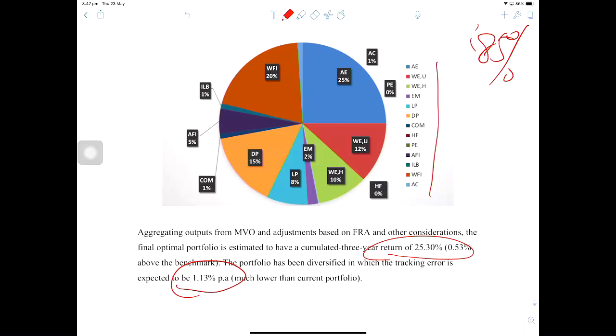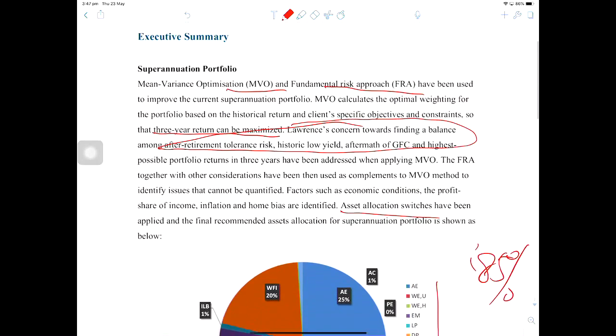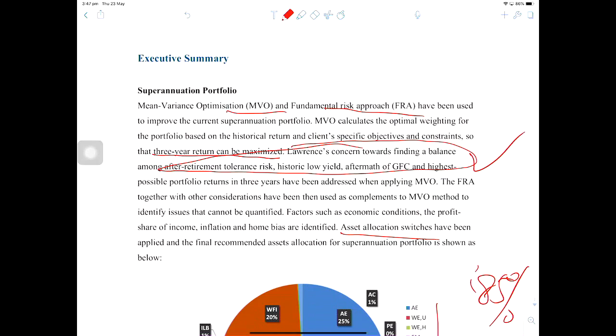And then at the end of the first page, the key constraints are discussed. With this recommended asset allocation, the key constraints and objectives can be satisfied and all of your concerns are addressed. So that's the strength of this assignment. They frame this summary of the recommended asset allocation in the client case.